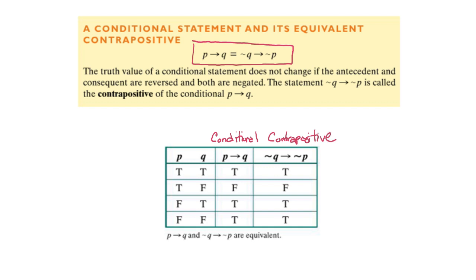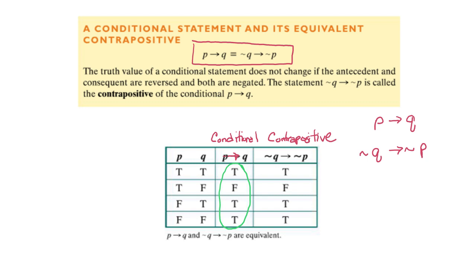So what they've done is completed a truth table for a conditional. You have your P and your Q column. You do your conditional, the arrow to the right here, and you get your truth value: true, false, true, true. Then you can write the contrapositive, which is basically, and I'll show you how to do this in just a second, if you take your conditional and you reverse the sides that the P and the Q are on, and you take the negation of both of those, you now have the contrapositive.